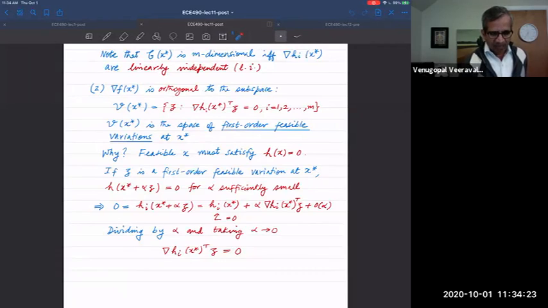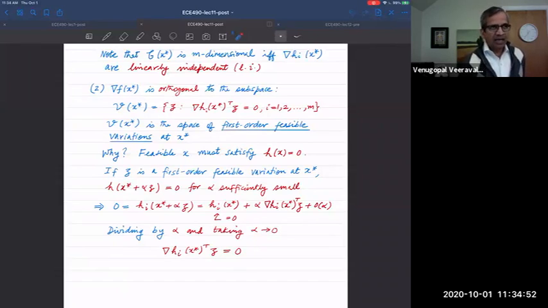N minus m. That's right. So in general, if m and n are close to each other, this is going to be a much lower dimensional space than the original n-dimensional space, right? And so meeting the second order necessary condition on that n minus m dimensional space is going to be much easier than meeting it on the original n-dimensional space.